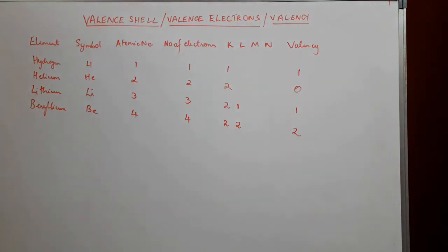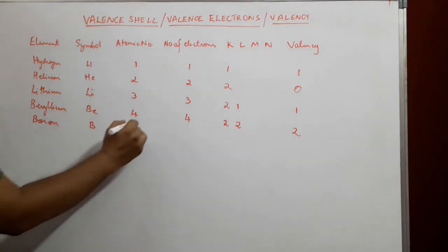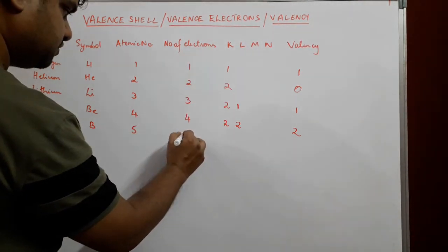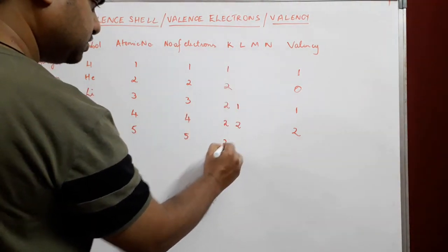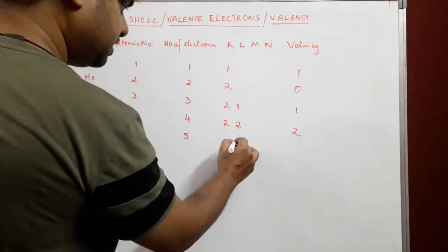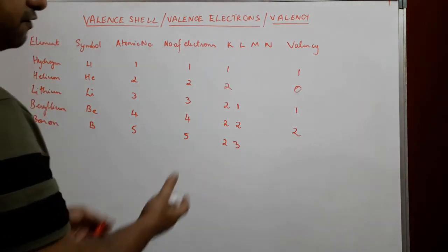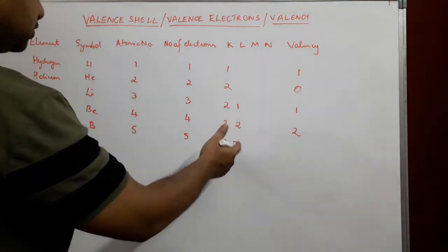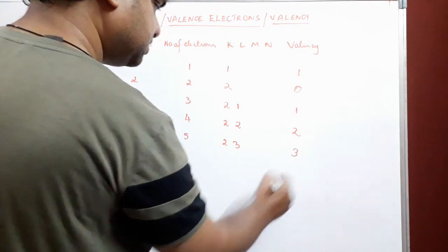After beryllium comes boron. Symbol is B. Atomic number is 5 and number of electrons is 5. The first 2 electrons will go in the K shell, followed by the 3 electrons in the L shell. Once again, it is difficult to gain 5 electrons rather than lose 3 electrons. So it prefers to lose 3 electrons, hence the valency of boron becomes 3.